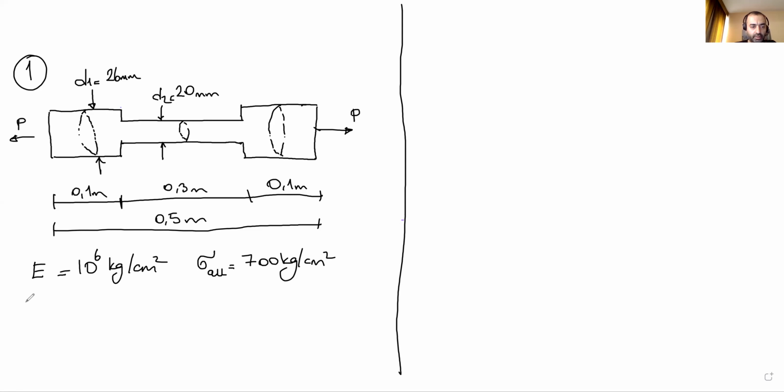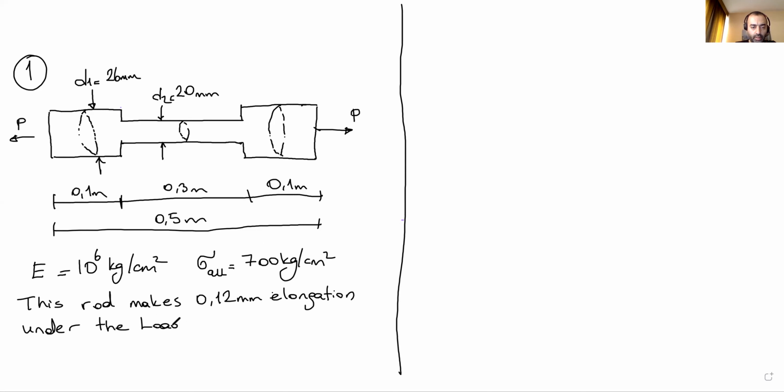This rod, this member, this rod makes 0.12 millimeter elongation under the load P. Okay.